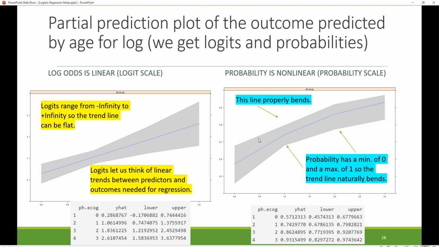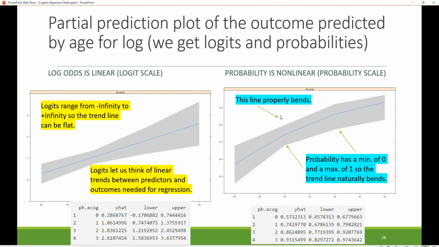And on the right side, because logits, odds ratio, and probabilities are related, we can actually also get probabilities as well. So even though there is an issue of using probabilities for multiple linear regression, it's not an issue for logistic regression. So we see that on the left side we have that straight line that shows us the trend. On the right side we see that this trend, with the predictor and the outcome, actually bends.